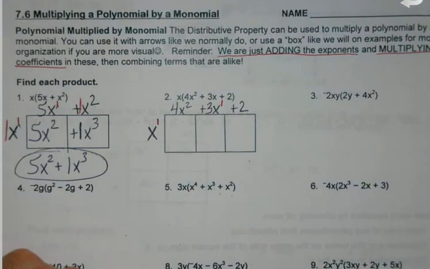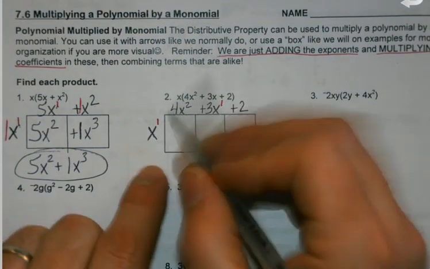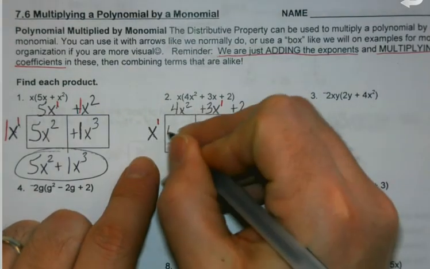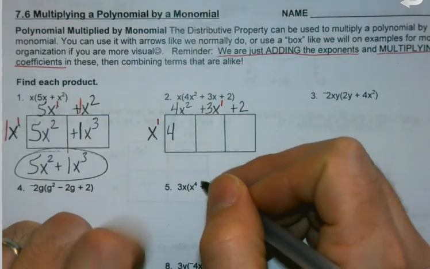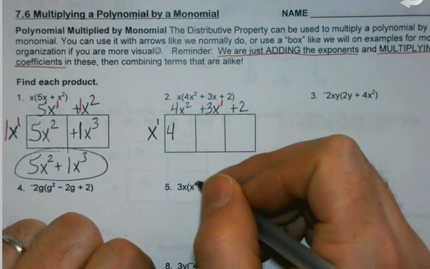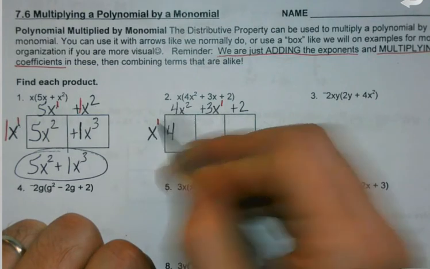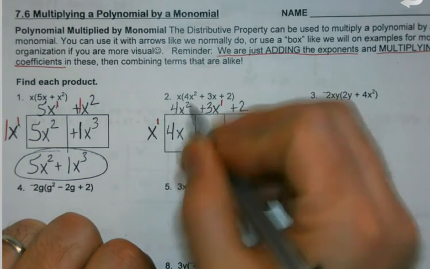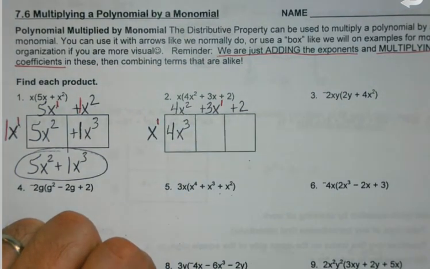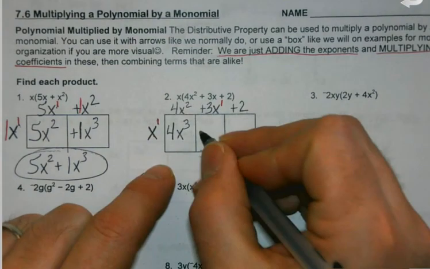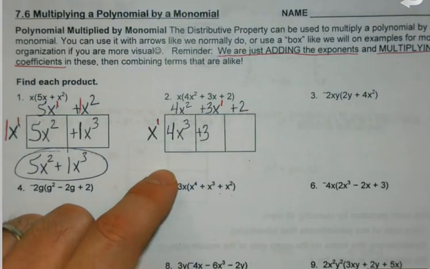So let's see here. First box. I got a 4. Okay, so 4. What's my exponent on my x's going to be in the first box? 3, because I'm adding my exponents. 1 and 2 gets me to 3. So in the next box here, I've got a plus 3.